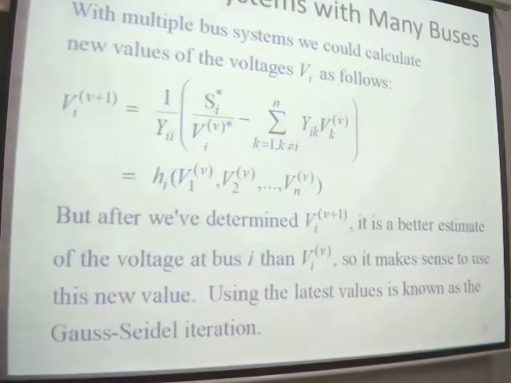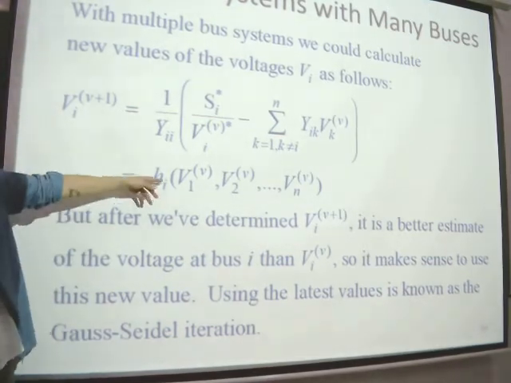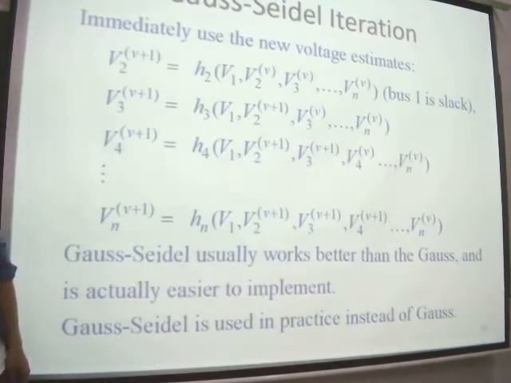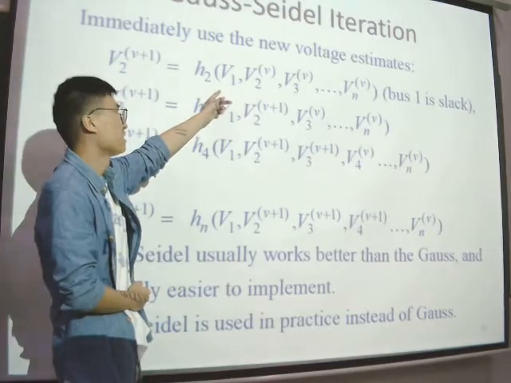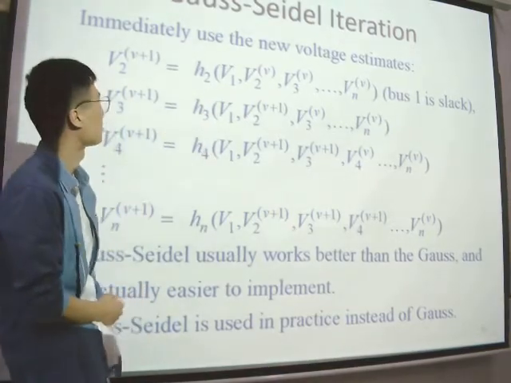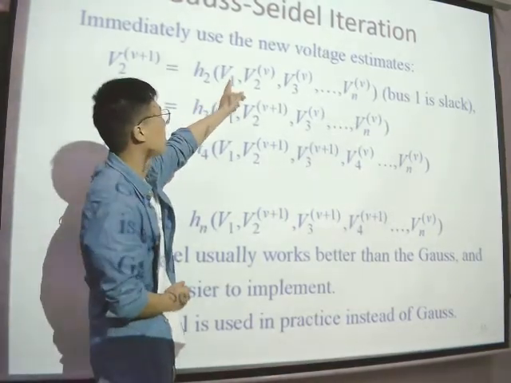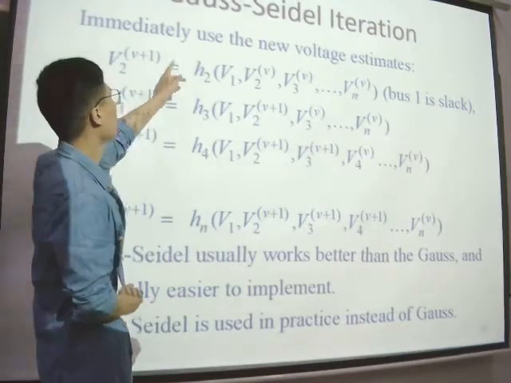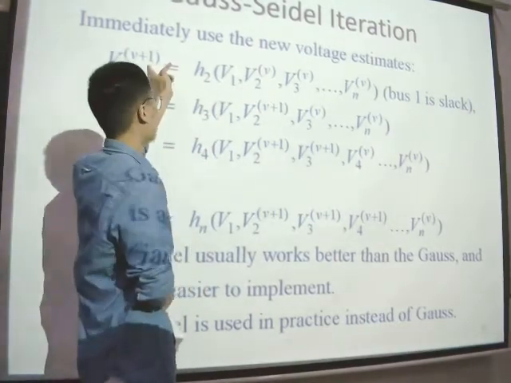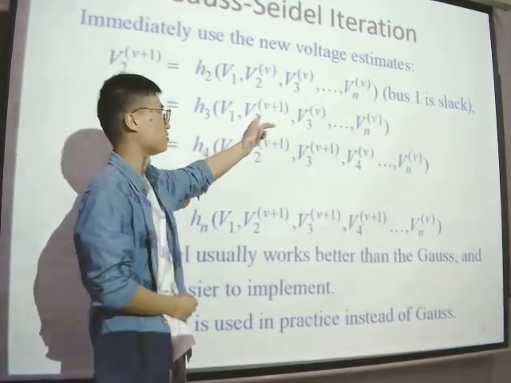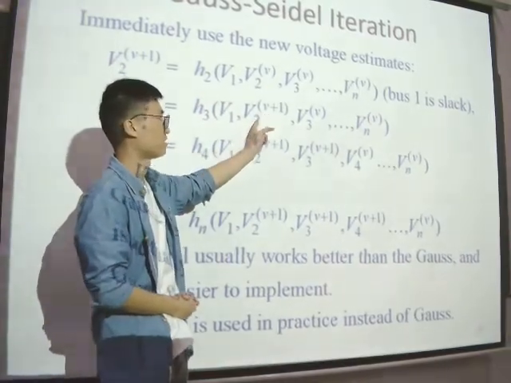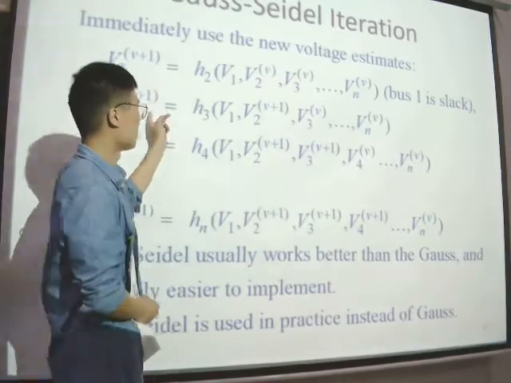For many buses, it's doing like this, but maybe a little bit more difficult. You can update each of the parameters one at a time. You can say this initial V plus 1, and then in the first step we update one parameter. Let's say V2 is the V plus 1.